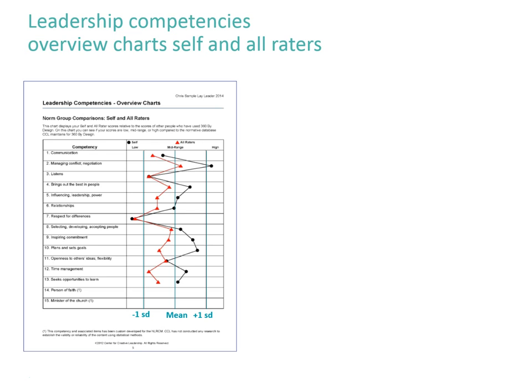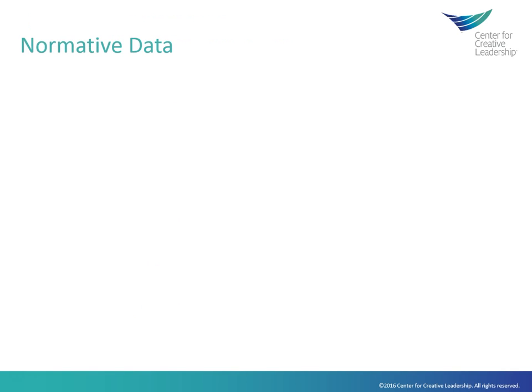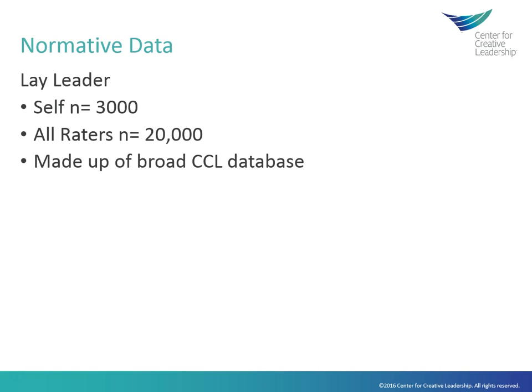All right, now if we take that red triangle and we break it out into the component rater groups, that's what we're going to see on the next graph. But before we do that, I want to say a couple things about the normative data. The lay leader normative data is made up of other people in CCL's database.